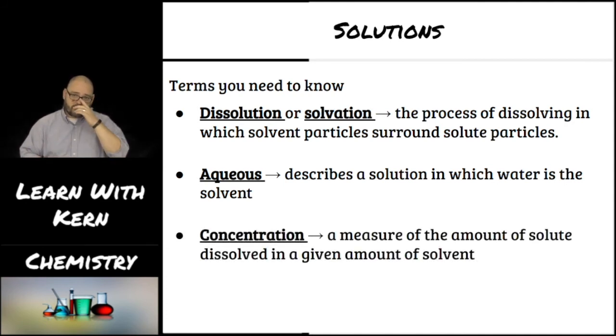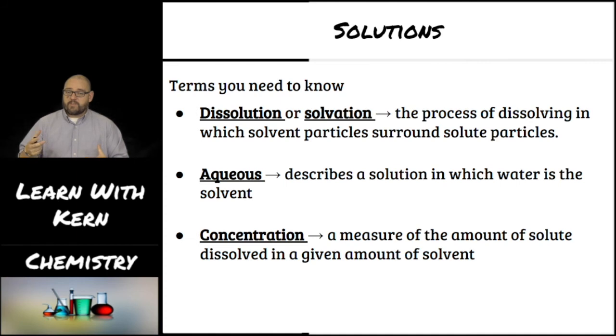Concentration, other than just your ability to focus on something with your brain, that's not what we're talking about here. Concentration is a measure of how much solute is dissolved in a given amount of solvent. So if I take a teaspoon of salt and put it in a gallon of water, I've got a solution of salt water, but it's not a highly concentrated solution.